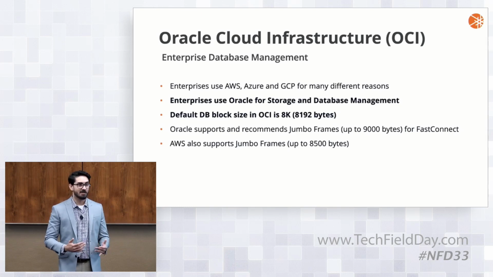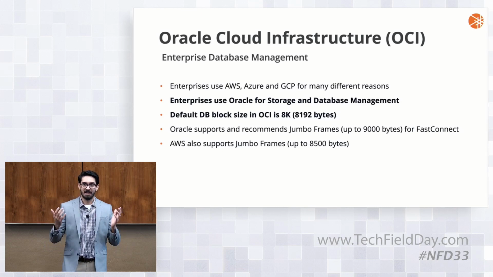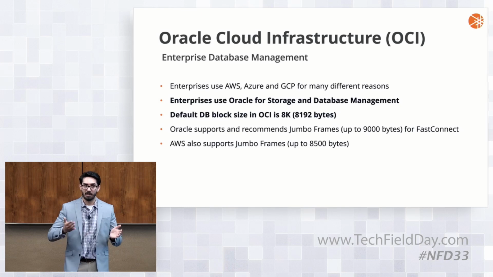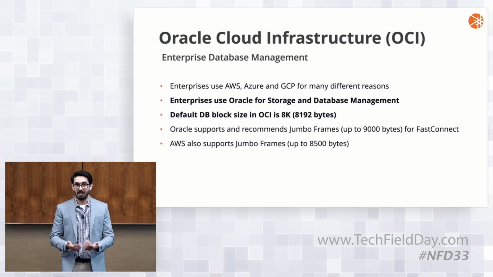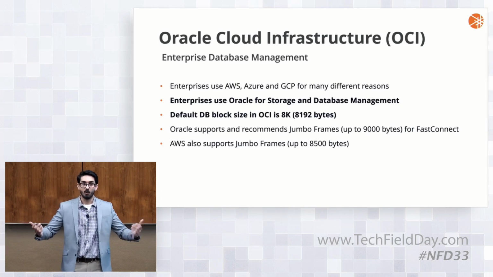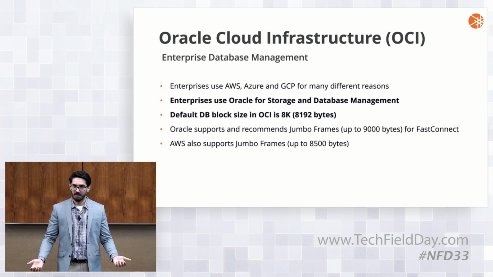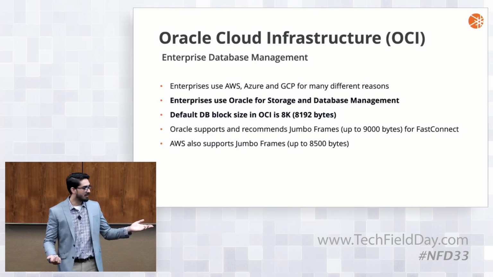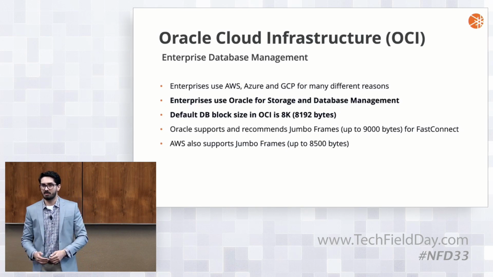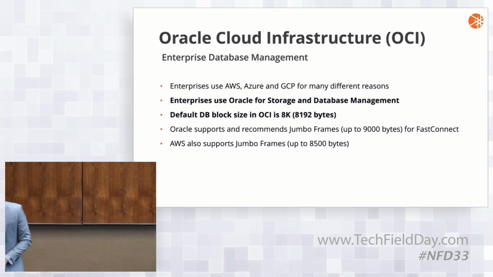Now, being able to improve that is, can I use Jumbo Frames to avoid having to break packets down while sending them over the network? And if it's mainly about some cloud workload connecting into Oracle, what is a possible way for me to be able to do that? Using our solution, so using AWS's Jumbo Frame support and Oracle Jumbo Frame support, we'll go through how that's possible.